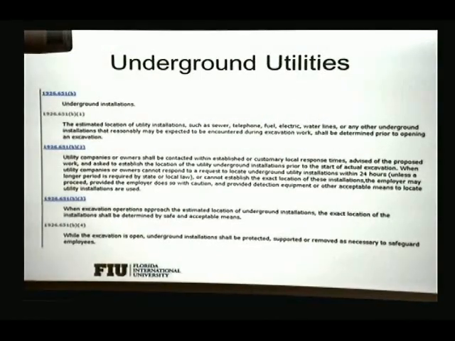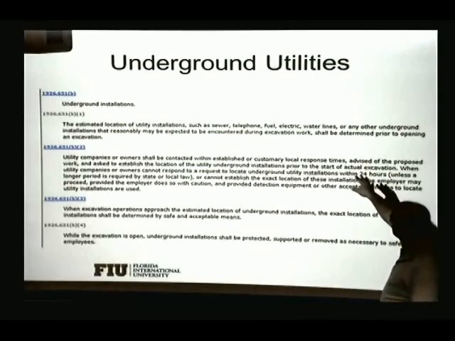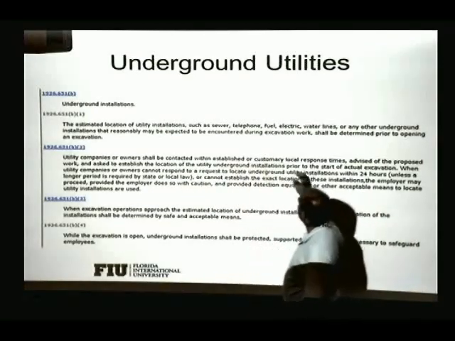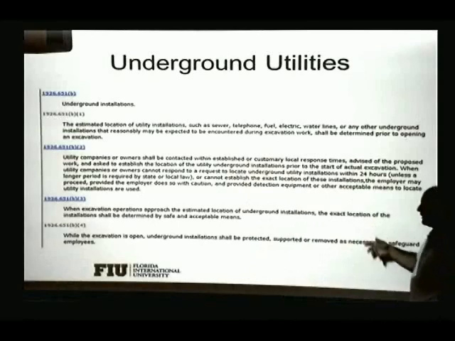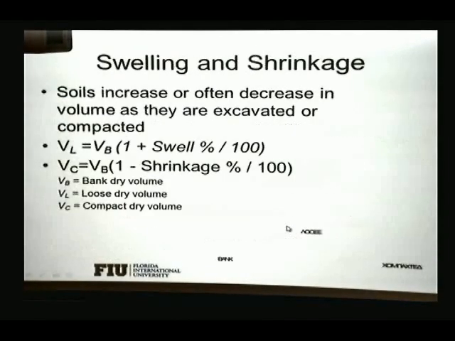These are sections taken from OSHA regarding the safety that you need to do for underground utilities. Utilities companies should be contacted to find out where your utility sites are. You cannot just dig and hope that you don't hit anything. You need to really make sure that the existence of utilities is clearly marked.